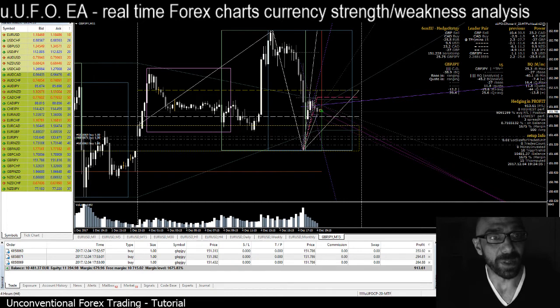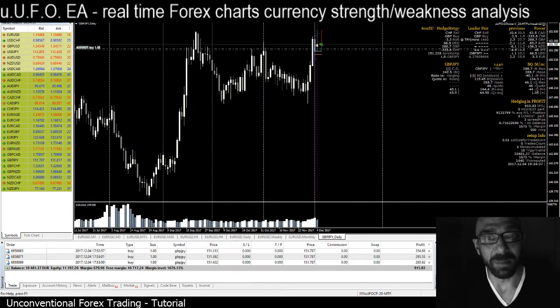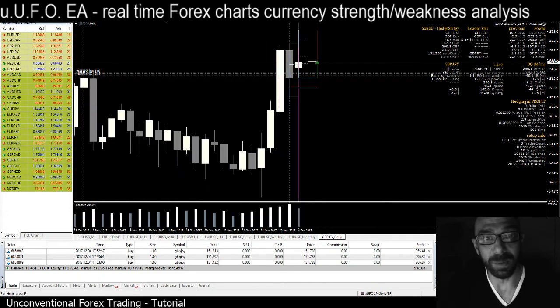If we observe, for example, on a daily time frame, we may notice that the shift went from Japanese yen negative to Japanese yen positive, and the New Zealand dollar started getting weak.